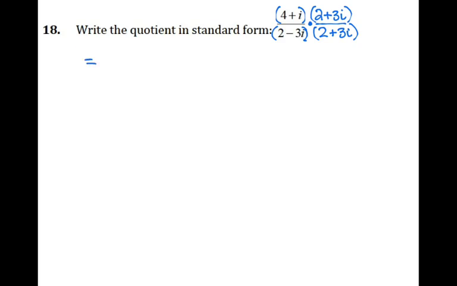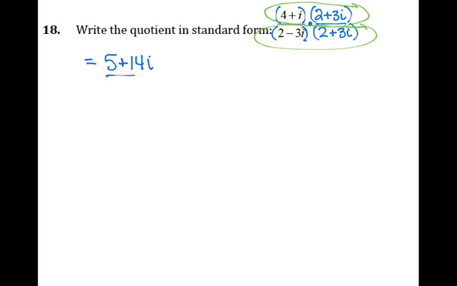So the first thing that I'm going to plug into my calculator is this product. So 4 plus i times 2 plus 3i, and that gives me 5 plus 14i. And then my denominator, I'm going to go ahead and multiply those two. 2 minus 3i times 2 plus 3i, and that gives me 13.